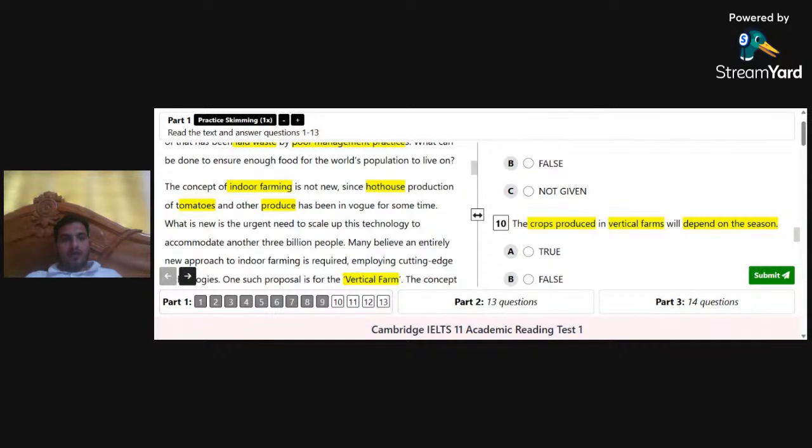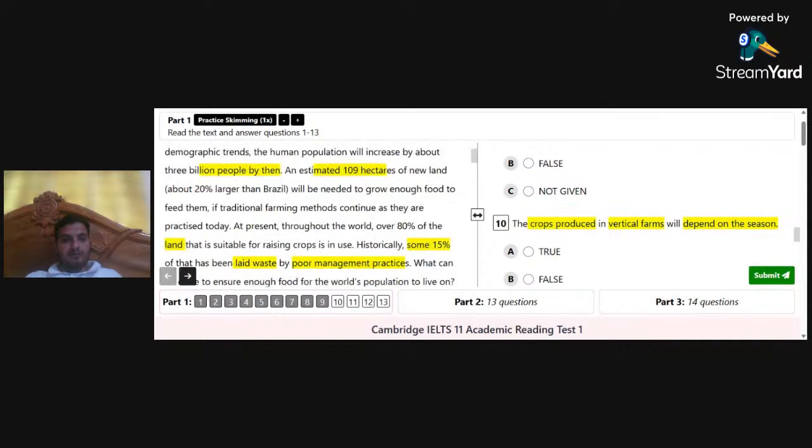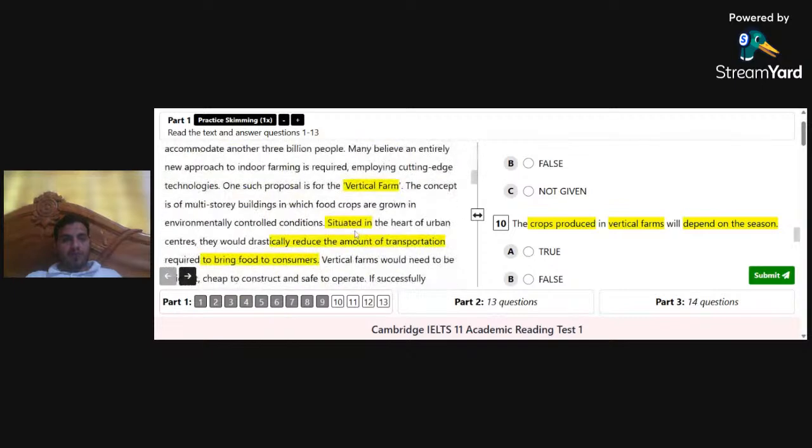Okay, let's see. Vertical farms, we will be looking for seasons. Vertical farms, especially season. Okay, vertical farm is mentioned in many places, so that is not our concern. We will be looking for that part where vertical farms are mentioned along with some information related to season, related to weather.